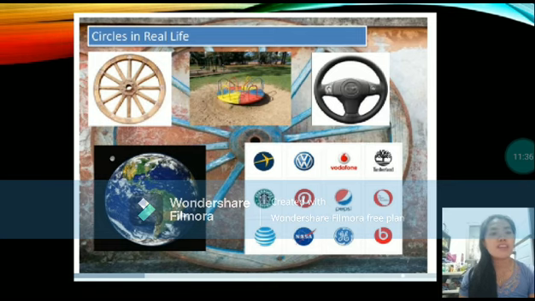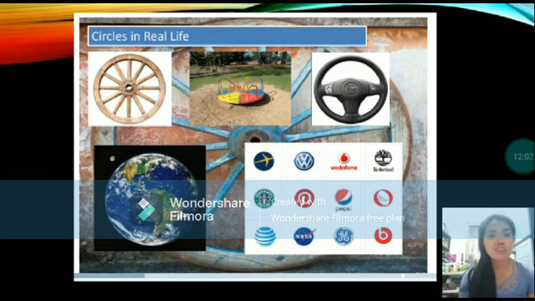Now we have here example circles in real life. On the pictures below, you have the wheel. You can also see circles in our surroundings, like on the playground. You can see the circle shape there.